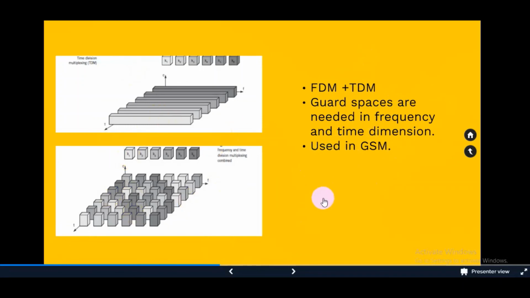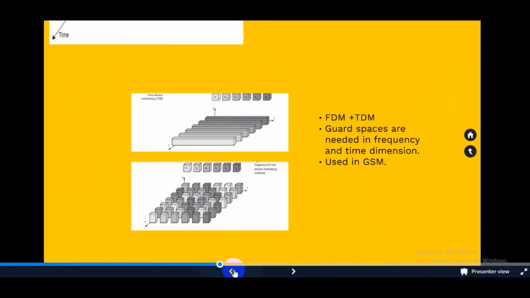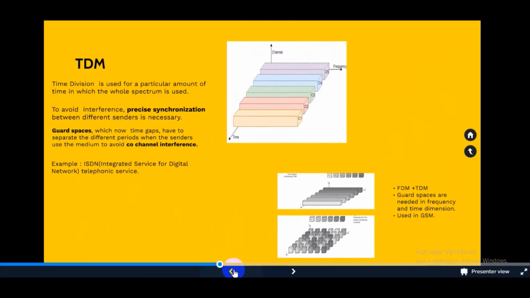Unlike in FDM, where the frequency slot was utilized by one specific sender, in TDM there were issues with precise synchronization between the senders and between the sender and the receiver. So when we apply this FDM plus TDM technique utilized in GSM, again the precise synchronization between the senders is essential.